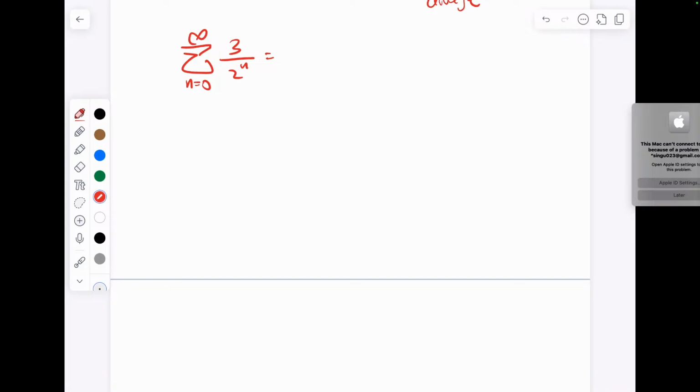Geometric series start with n equal to 0. -3. It diverges. It's not divergent.